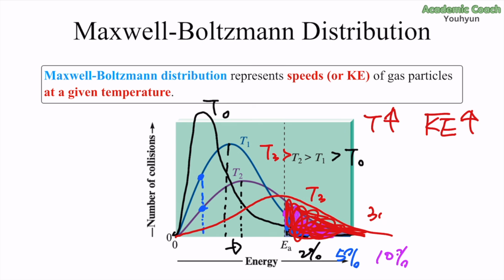And let's say that's 30%. So by increasing temperature, you are just increasing the number of particles that go beyond the threshold. So that meets one of the requirements, which is sufficient energy, and that's how it results in more products in the same amount of time.